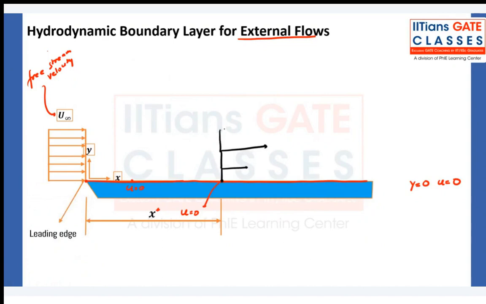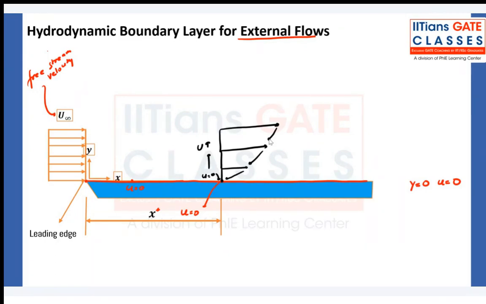Here u equals 0 at this point, but as you go up, u is increasing. Because of viscosity in the fluid, the lower layer is dragging the upper layer, which decreases its velocity.